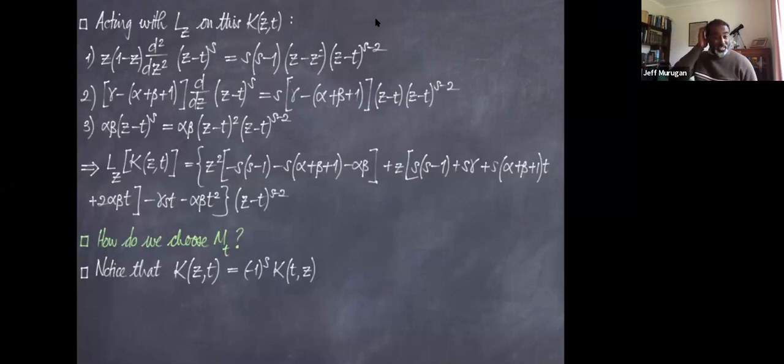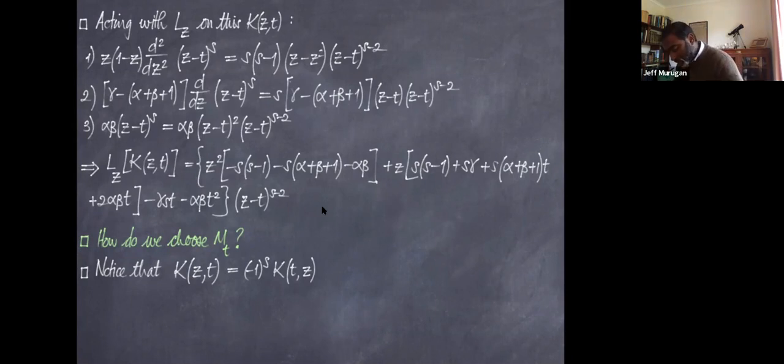So exchanging t and z comes with a factor of -1 to the s. So this is interesting because it seems to suggest that this operator Mt should be of the same form as Lz, except perhaps for an exchange in z and t.